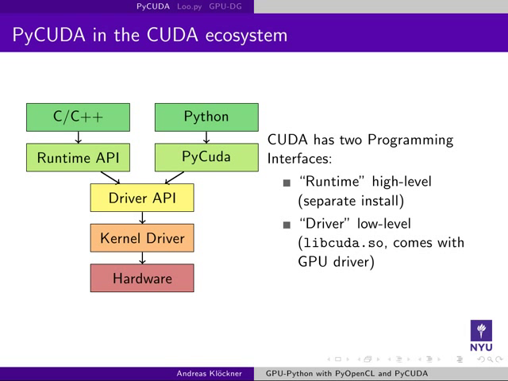Then, how does it actually work under the hood? What you've been seeing in the CUDA side of your lectures is what's called the runtime API. That gets shipped in a separate install, the CUDA toolkit install. The driver level interface is actually separate from that, and to some extent the runtime is built on top of this driver interface. PyCUDA uses this driver API rather than the higher level runtime. That causes a few small headaches.